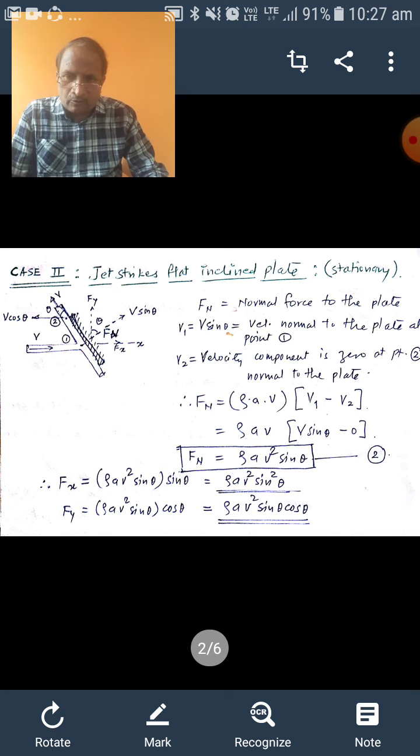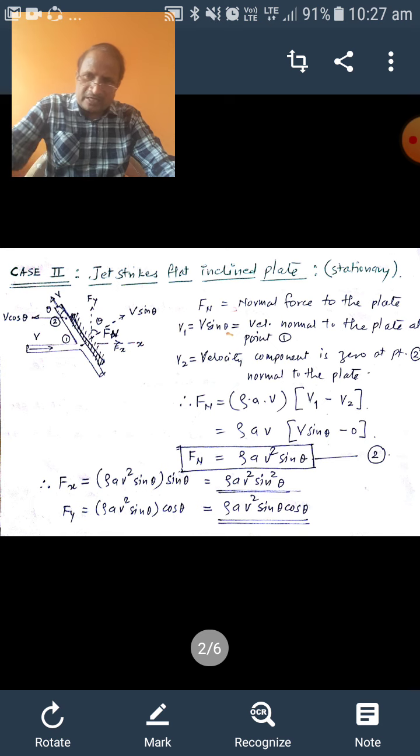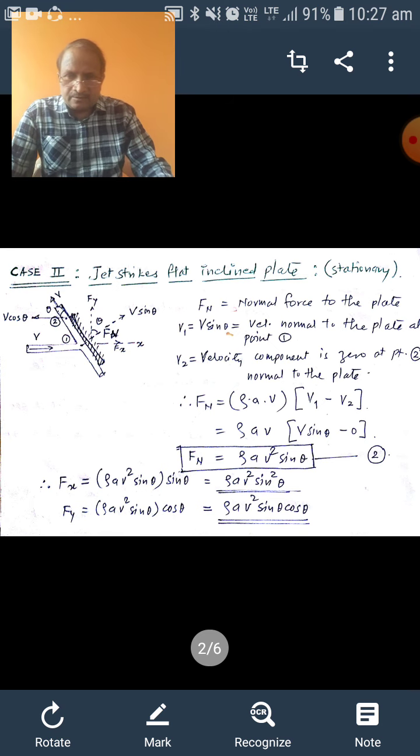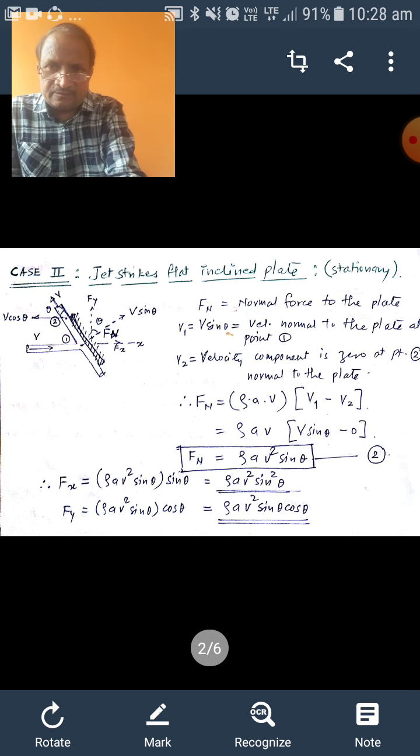Now, if we want to find out its components of the force, then we can find out by considering the angle. Therefore, Fx becomes rho A V square sin theta, that is Fn, multiplied by sin theta. Fy is Fn multiplied by cos theta. Therefore, these expressions of Fx, Fy also can be calculated like this. Now, we can go for the next case.